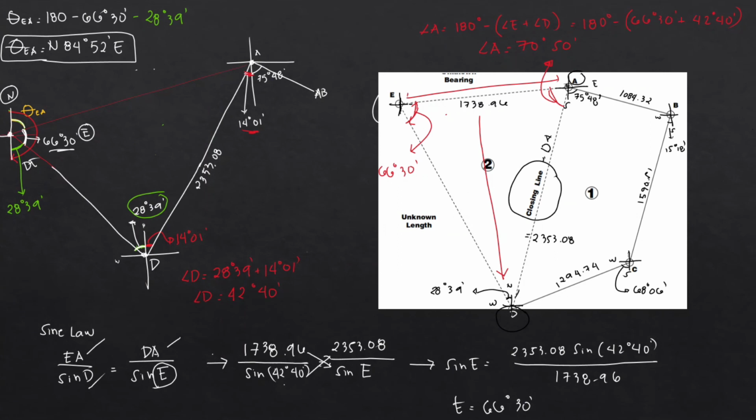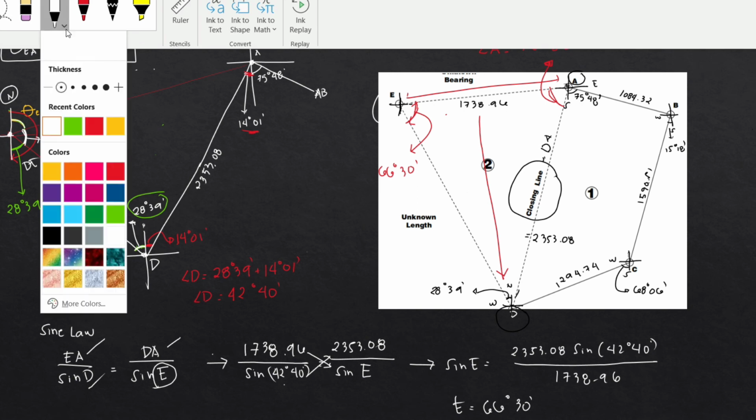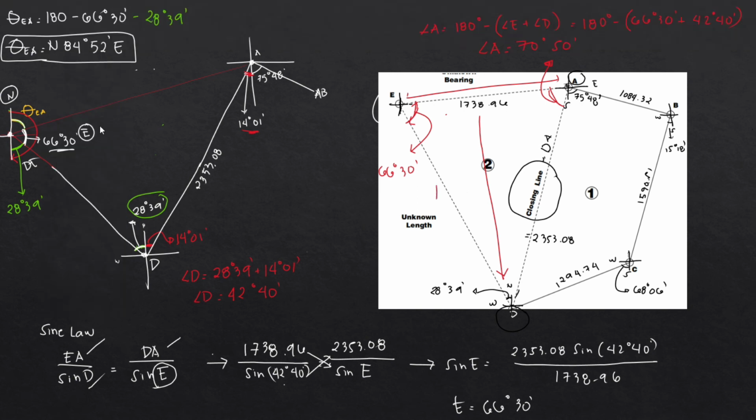Then last, pwede na nating makuha yung length ng line DE. Okay, so kung ito yung DE natin, ito yung length DE natin, pwede natin siyang gamitin ng sine law. Ang opposite ng DE natin na angle is A, which is, nakuha naman na natin. Ito.